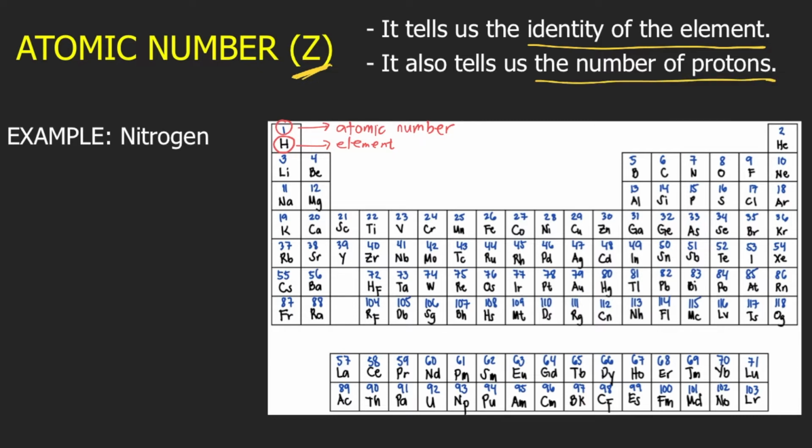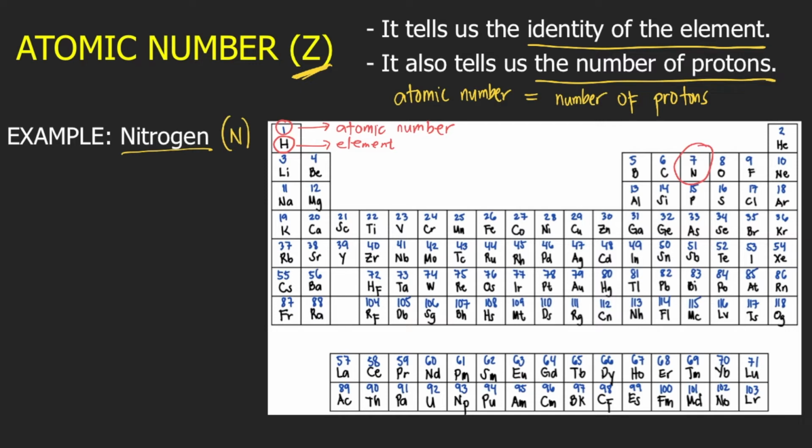In other words, your atomic number is also equal to the number of protons in the nucleus of that element. So for example, let's look at nitrogen. What's the elemental symbol of nitrogen? It's N. So let's look for N in the periodic table.